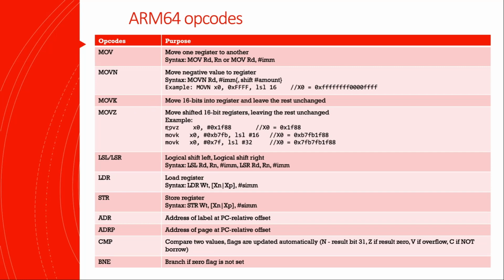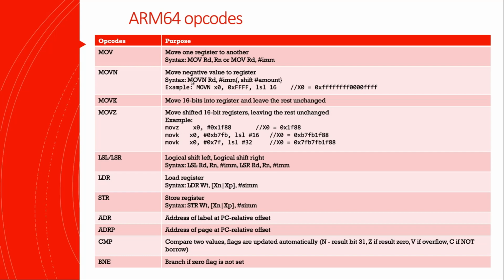So for example, over here you see move Z x0, 0x1f88. This is the immediate value which needs to be moved into the x0 register. Our x0 register is 64 bits long, and this value is 2 bytes, which is 16 bits. So the 16 bits will be filled by this value, and the remaining bits will be filled by 0, because this z denotes 0.